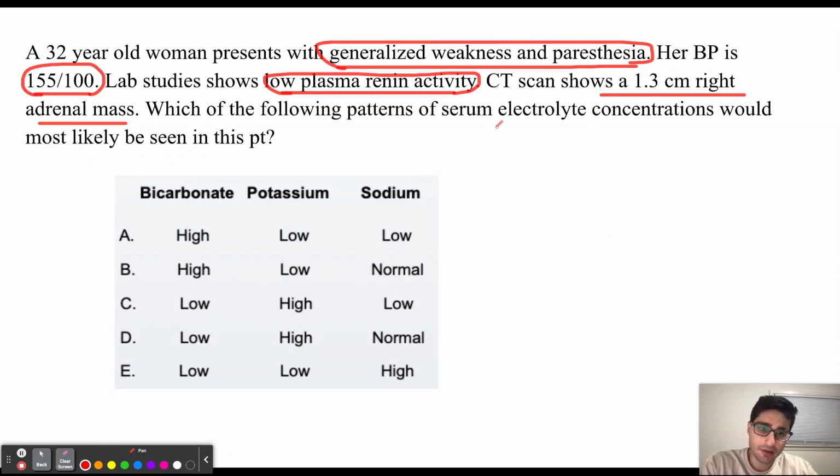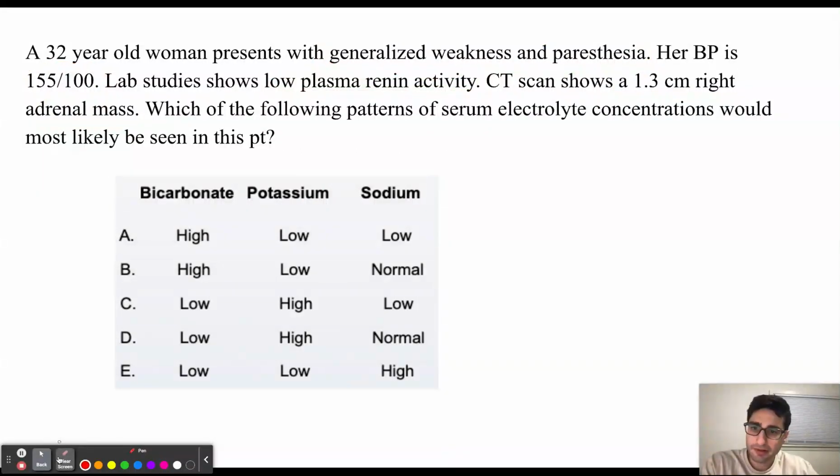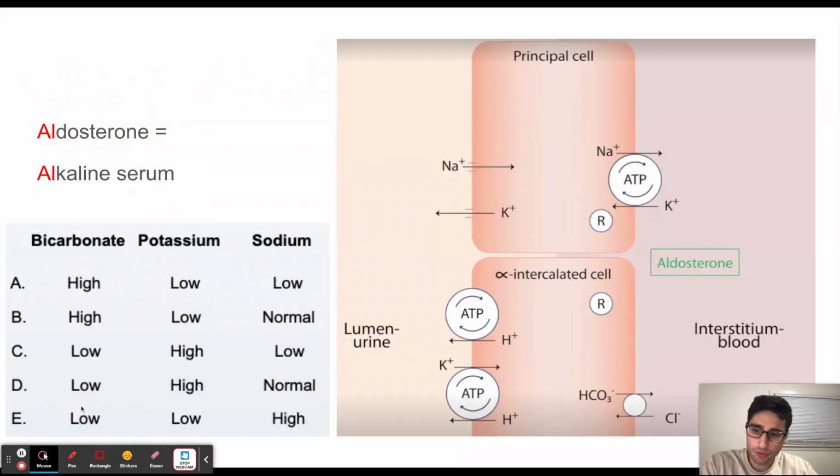Now, in terms of serum electrolyte levels, remember that aldosterone is going to have multiple effects on the collecting tubule of the kidney. On the principal cell, aldosterone is going to stimulate the sodium potassium pump. So it's going to reabsorb sodium and put more potassium into the principal cell.